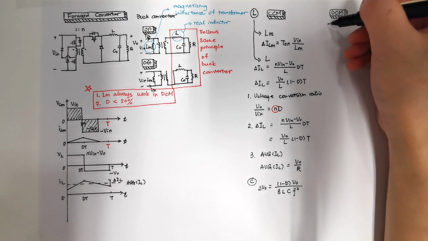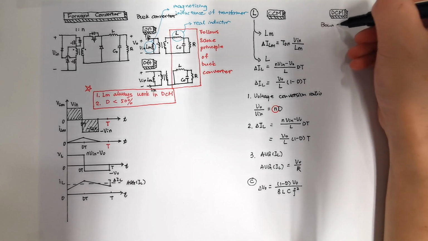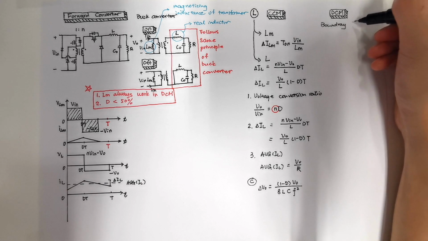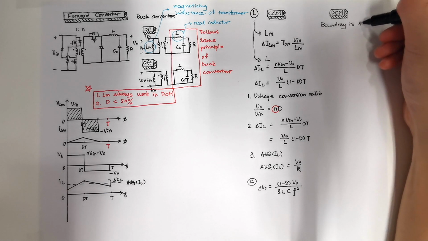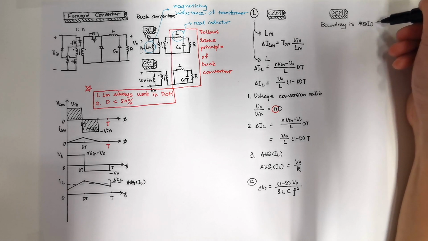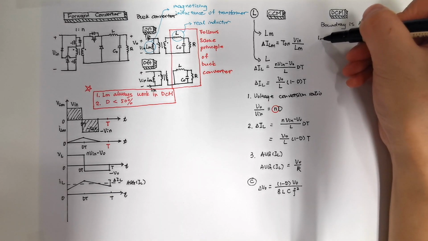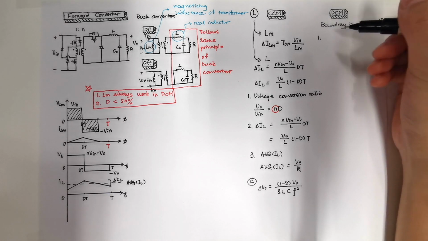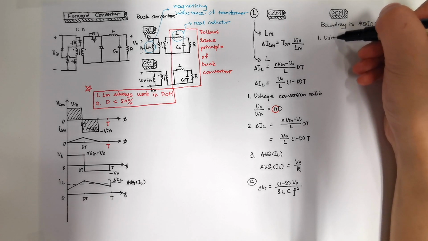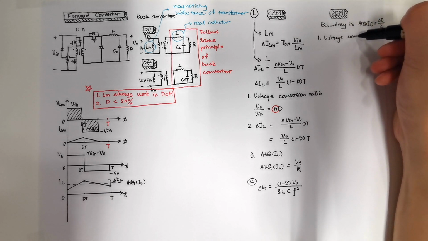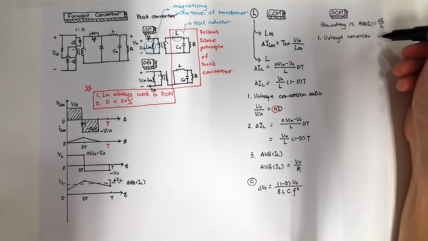After we analyze the CCM mode, let's move into our DCM mode. For all the converters, the boundary happens when the average inductor current is half of the delta IL. First thing we want to know is our voltage conversion ratio.